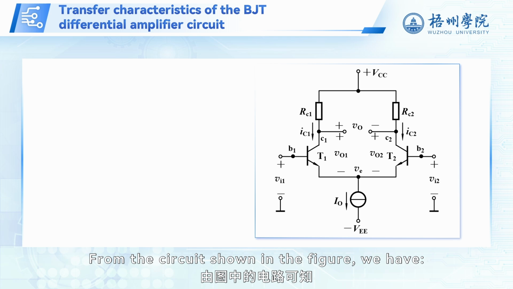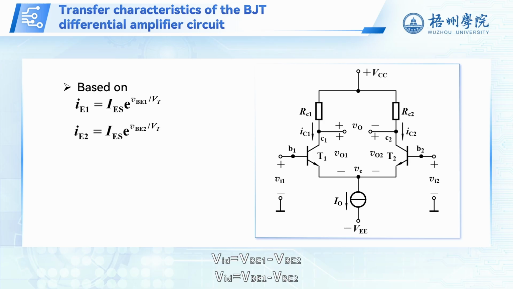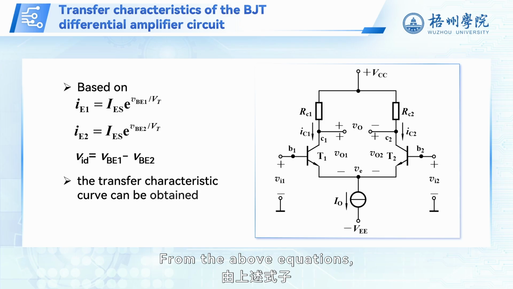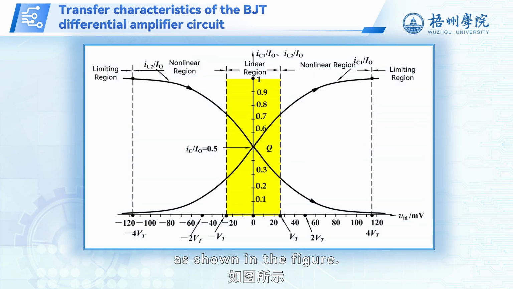From the circuit shown in the figure, we have I_E1 equals I_ES times e to the power of V_E1 divided by V_T. I_E2 equals I_ES times e to the power of V_E2 divided by V_T. V_ID equals V_E1 minus V_E2. From the above equations, the transfer characteristic curve can be obtained as shown in the figure.